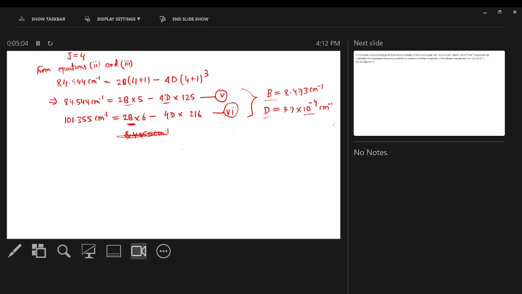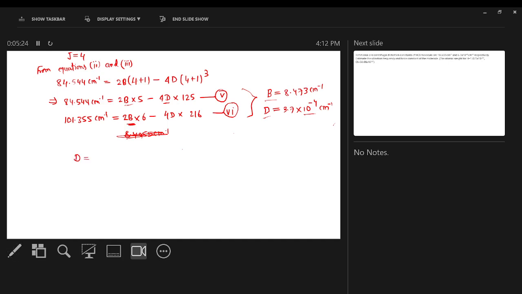Now we got D, B and J, like this, the possible transitions. Now we have to calculate the frequency of the vibration. So let's say if the molecule is rotating, because of rotating the bond is also vibrating. So what is the frequency of that bond? We can calculate that using this equation.